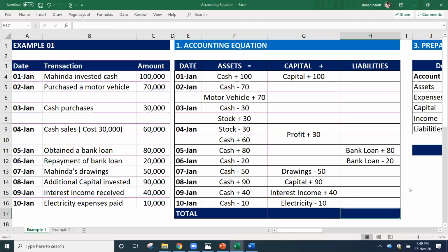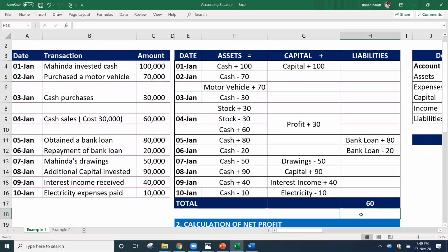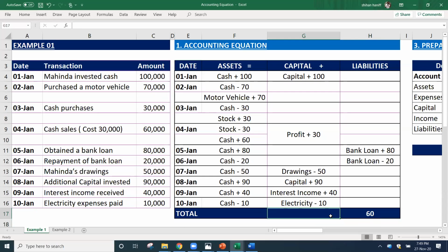Based on this, we record the transactions in the equation and we take the total values. Liabilities is 60. So can someone tell me the answers for the assets and capital if you have done? You can give me the answer.